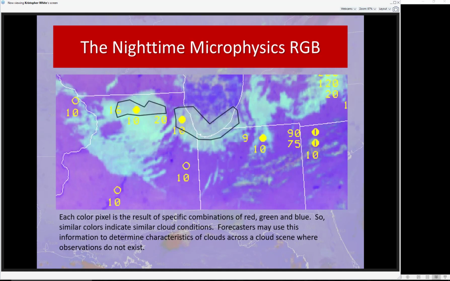Okay, another thing I wanted to point out, each color pixel is the result of specific combinations of red, green, and blue. So similar colors, as you see here, would indicate similar cloud conditions. Might indicate relatively similar cloud bases, cloud tops, and that kind of thing. So forecasters could use this information to determine characteristics of clouds, I think, a little more easily in the RGB across the cloud scene, like where observations do not exist.